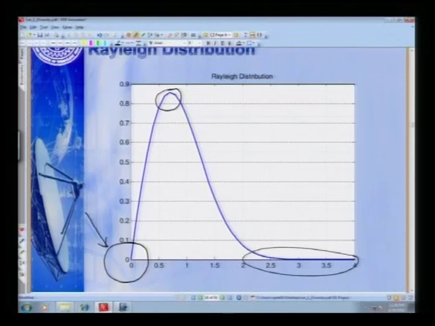So, the signal power received is extremely low, and such a scenario is known typically as a deep fade. This is known as a deep fade scenario, when the magnitude of the channel coefficient is very low.